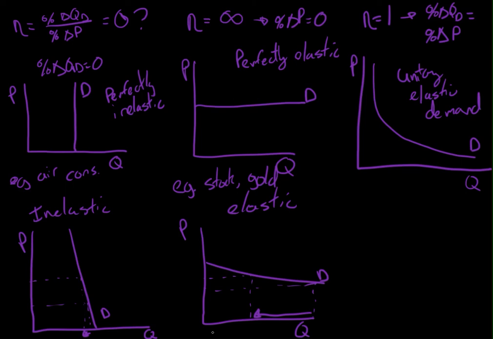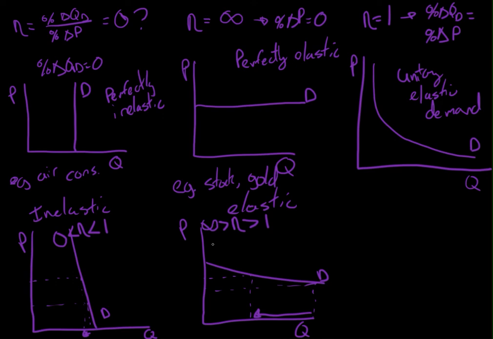So just to highlight, what is elastic is going to be something that has a price elasticity of demand greater than 1, and inelastic is smaller than 1. If I want to exclude the extremes, it has to be greater than 0 or else it becomes perfectly inelastic, and here it has to be greater than 1 but smaller than infinity.